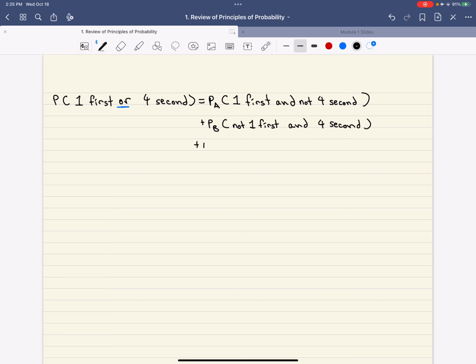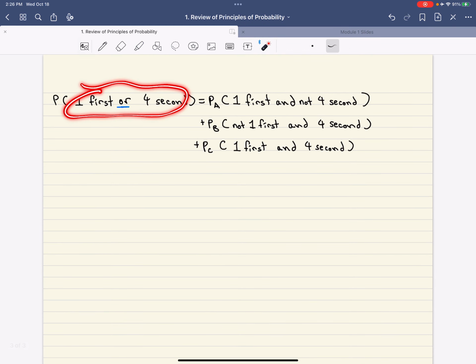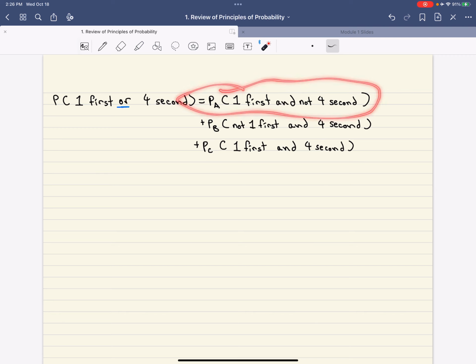And then the third thing we need to consider is the case where we do get a 1 on our first roll, and we also get a 4 on our second roll. Okay. All right, and so these are the different things that could satisfy this relationship here, right? And so we broke it up into 3 different possibilities.